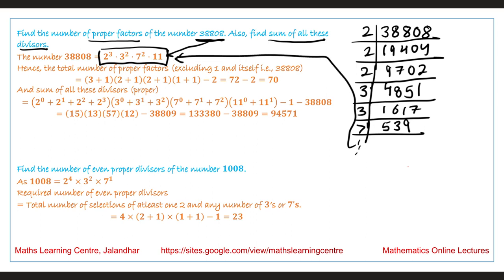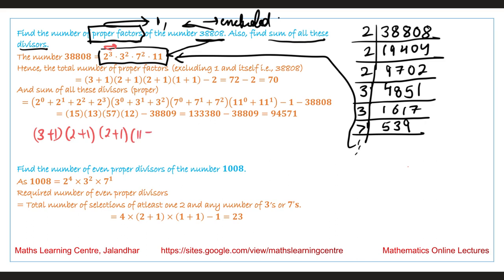Now we are saying the number of proper factors. Proper factor means that 1 and this number are to be excluded. So the total number of factors we will have: the power of 2 is 3, so it is 3 plus 1 into 2 plus 1 into 2 plus 1 into the power of 11, which is 1, so 1 plus 1.